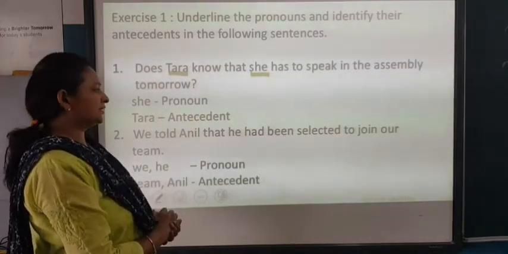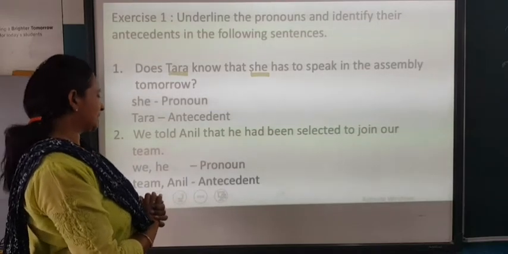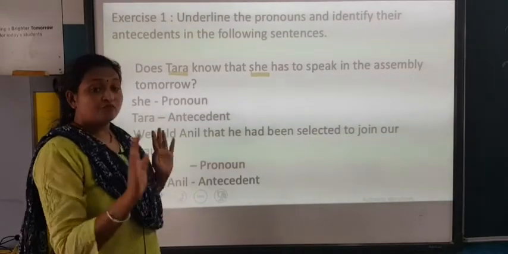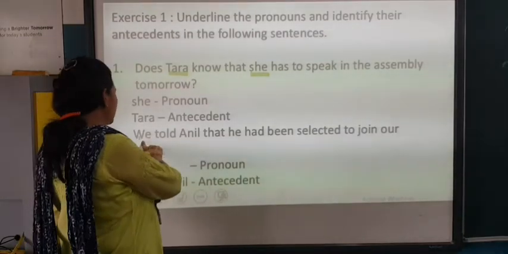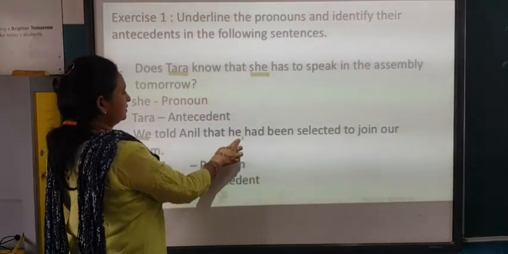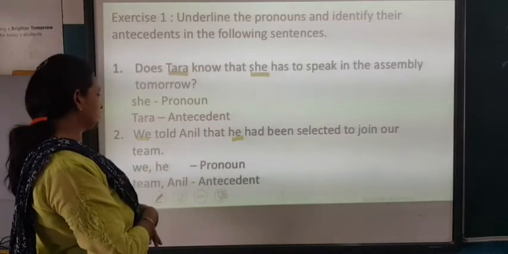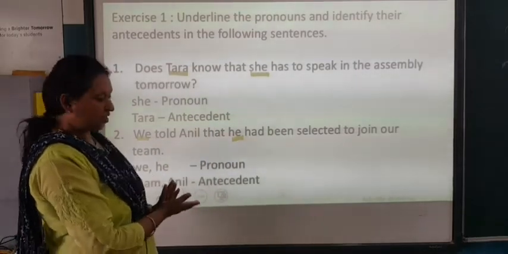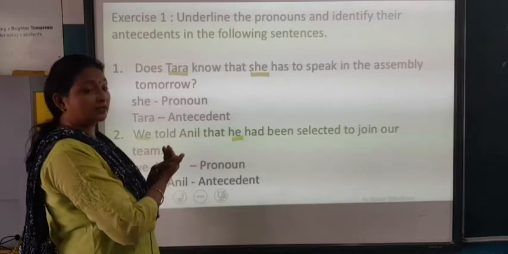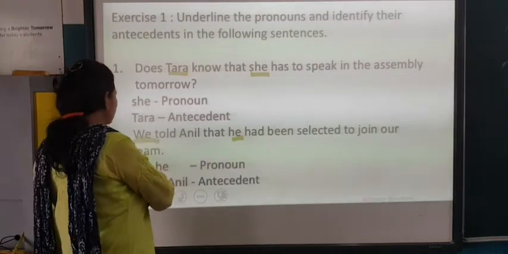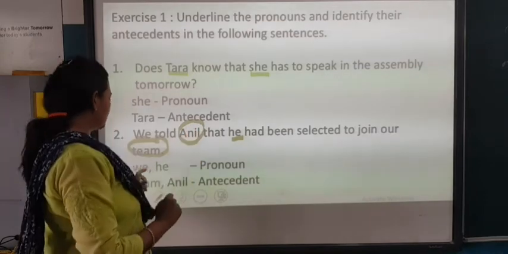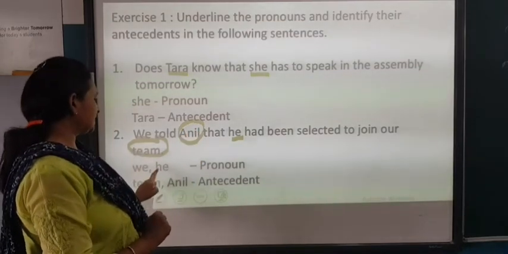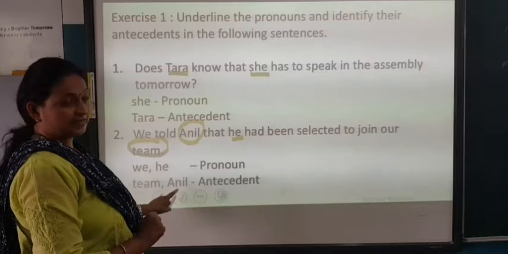We told Anil that he had been selected to join our team. First you identify all the pronouns. Here we have we and he, only 2 pronouns. Whom is we talking about? We is for the team, and he is talking about Anil. So the antecedent of we is team and the antecedent of he is Anil.